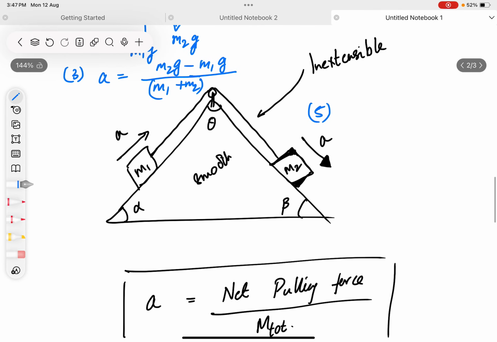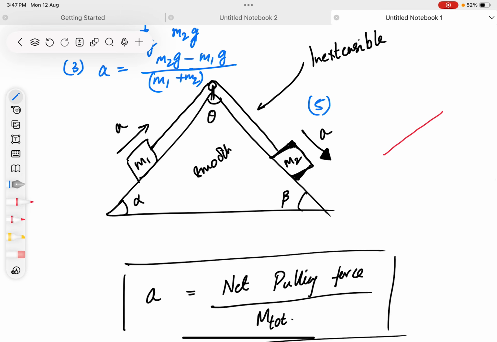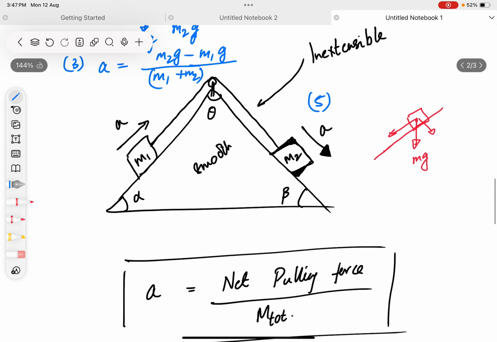For the fifth one, we need to go into the components of the force of gravity. So for this vectors are required. Suppose that over here you have a force which is nothing but, let us say, mg. We want to split this into two components.